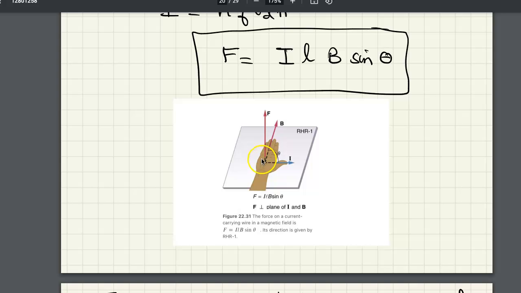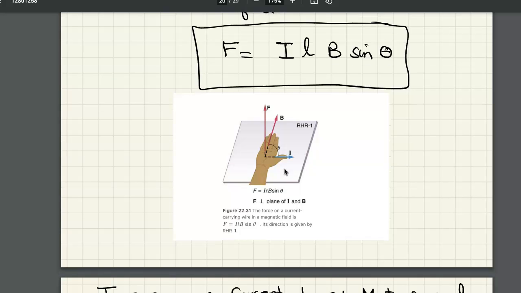Now, of course, we can also use the right-hand rule to find the direction of the force. The thumb is going to be in the direction of I, the fingers in the direction of B, and then F is going to be out of the hand, upwards.